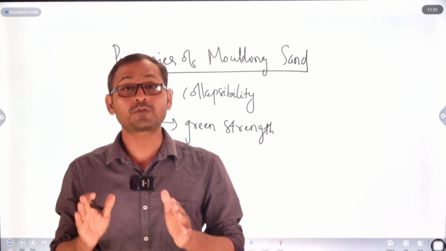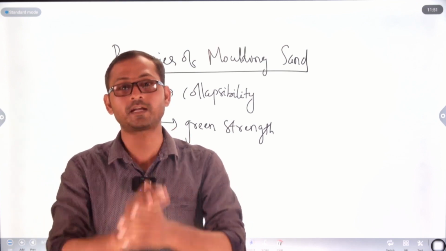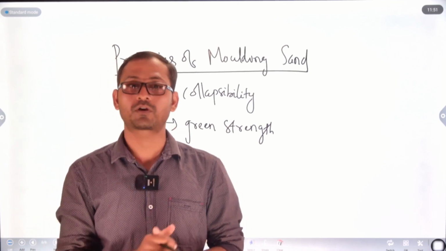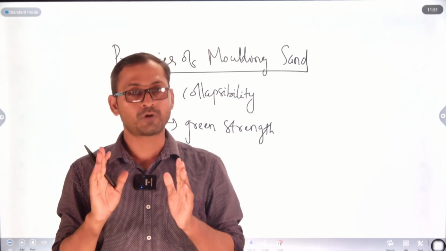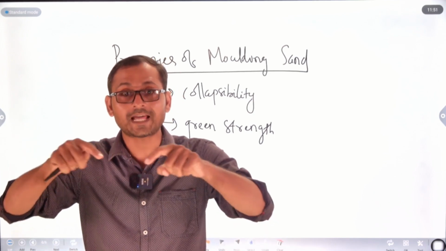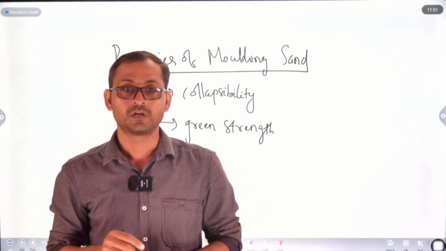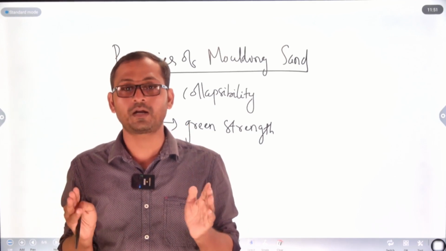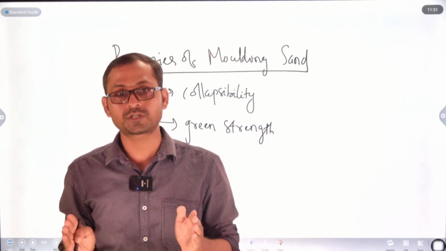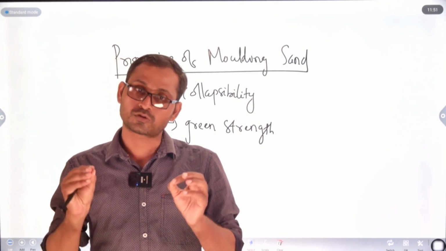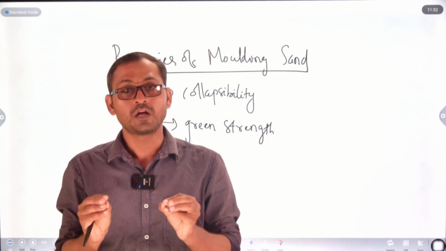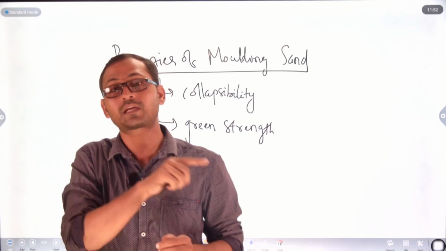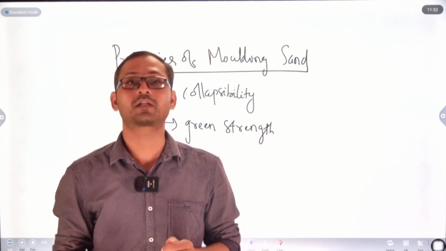The strength of the molding sand when the moisture is present is called the green strength, because whatever may be the case, we have to retain the dimension of the mold cavity. So the molding sand bed, even with moisture in it, must have sufficient strength to maintain the dimension of the mold cavity. This strength is called green strength.